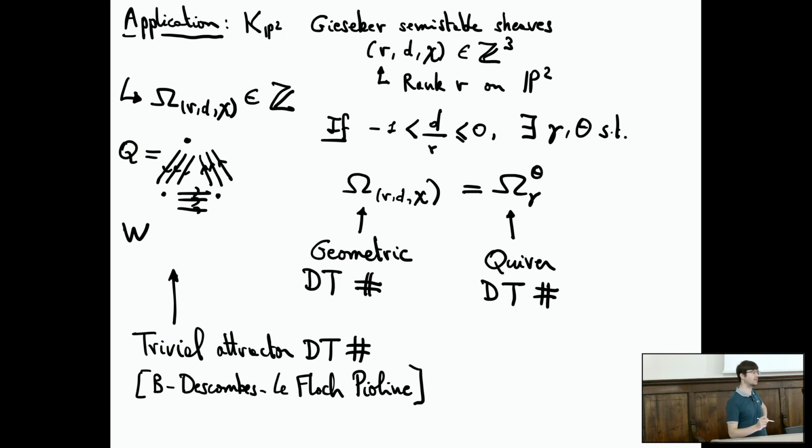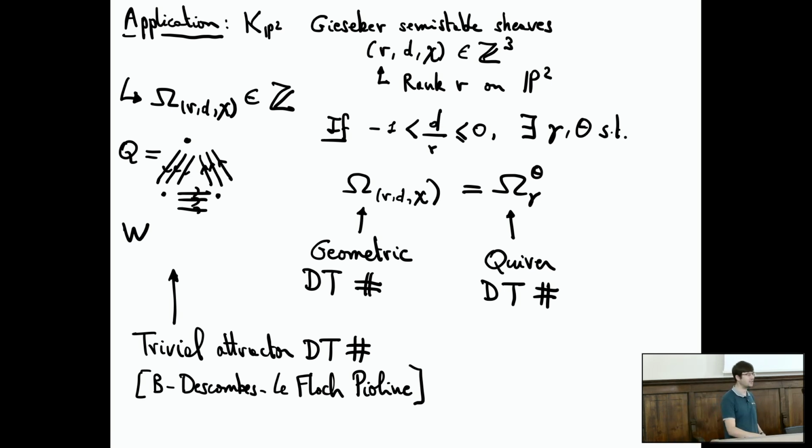So actually it's known that on P2, if you take any Gieseker moduli space, it always has a quiver description, so you can always, without crossing any wall, go to some quiver description, but maybe it's not this quiver.